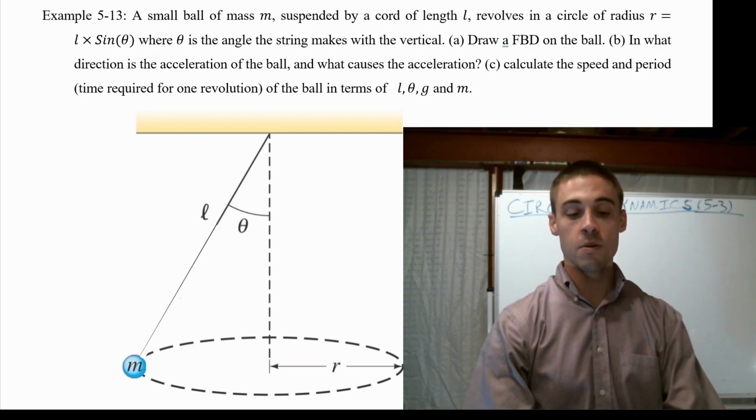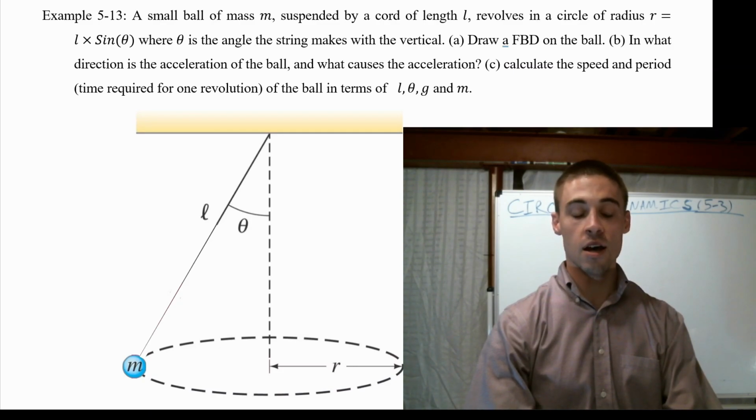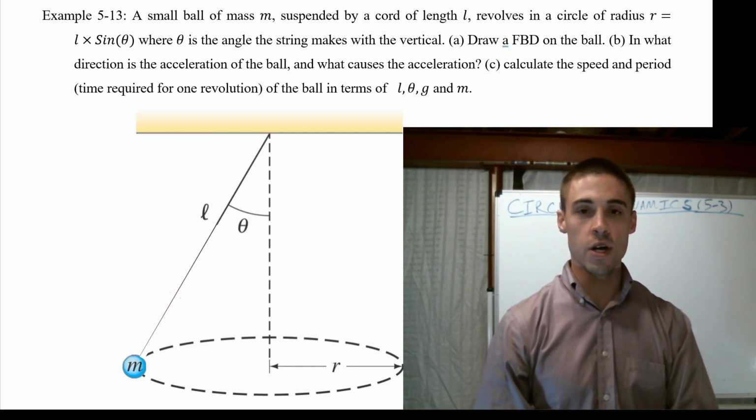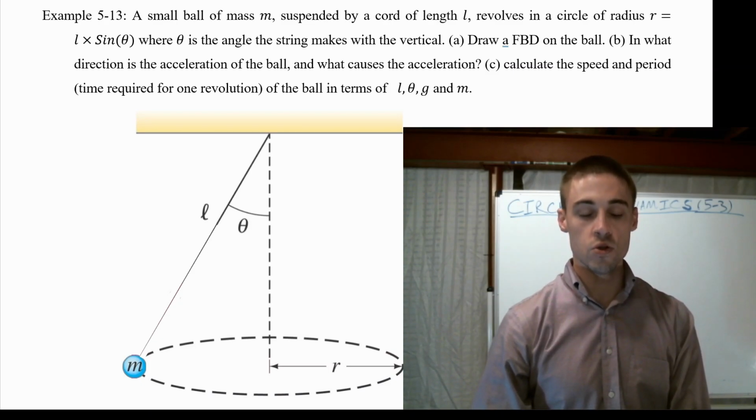That is part A. Part B, calculate the speed and period, or the time required for 1 revolution, of the ball in terms of L, the length of the string, theta, its angle with the vertical, g, the free fall acceleration, and m, the mass of the ball at the end of the string. Now, notice here that you're going to have to actually use a free body diagram and solve Newton's laws in order to come up with these equations.